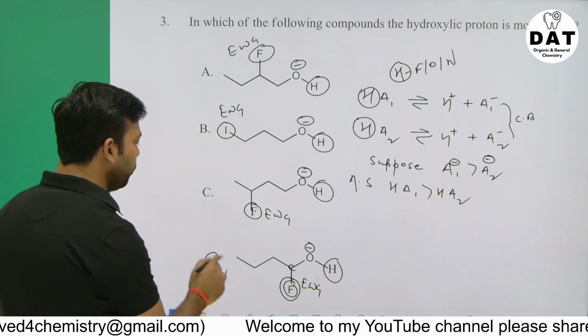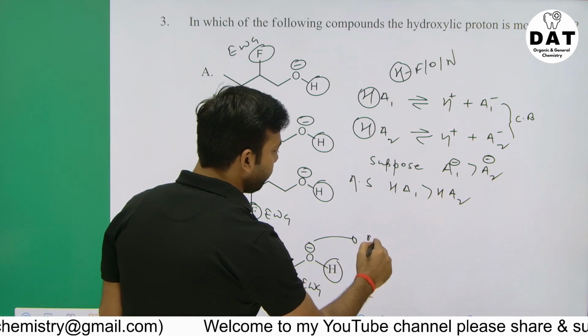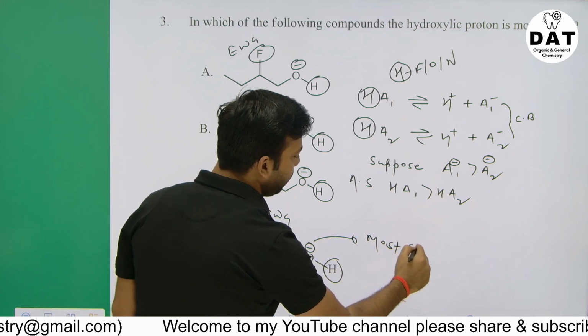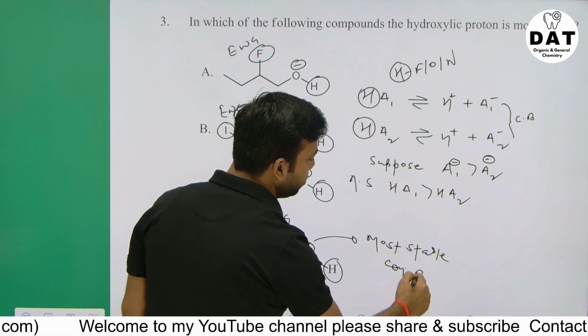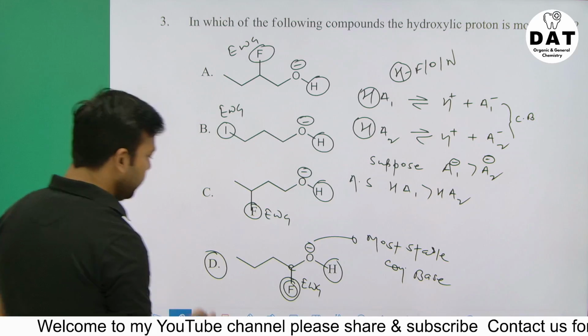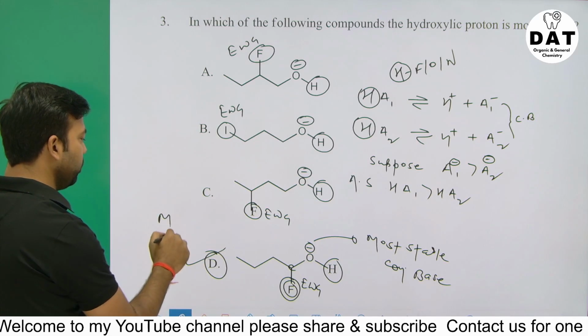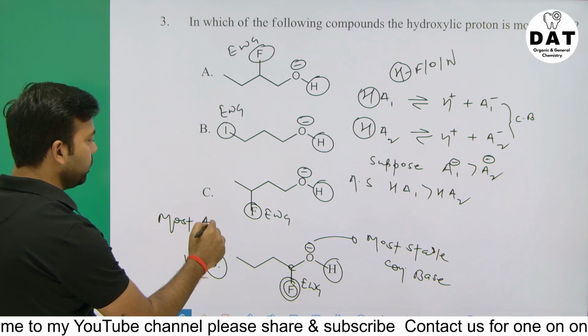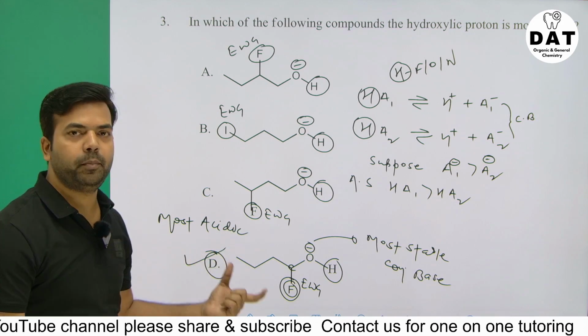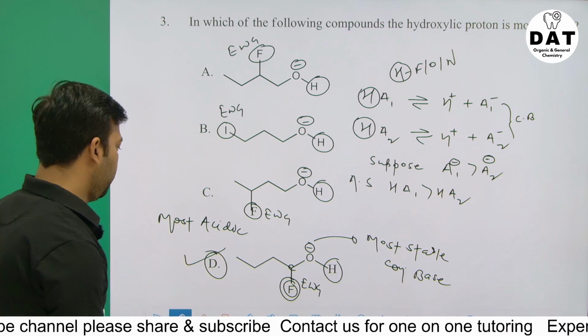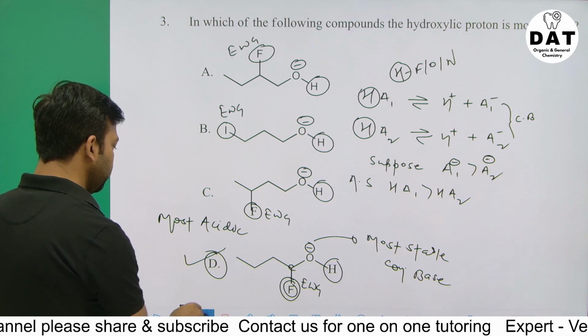That's why D is the most stable conjugate base, which means D is the most acidic as well. Clear? Why most acidic? Because its conjugate base is more stable. Now we can move to the next.